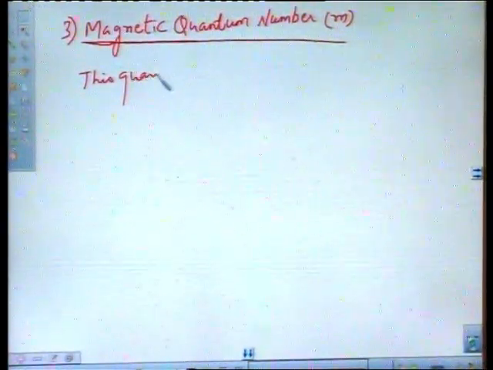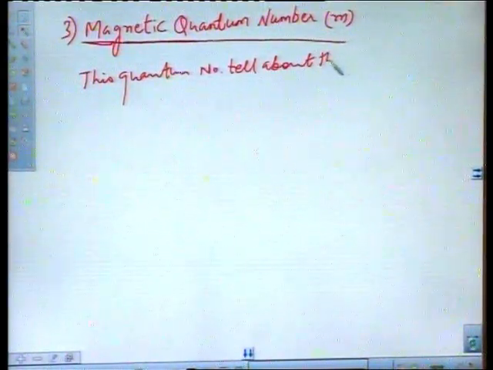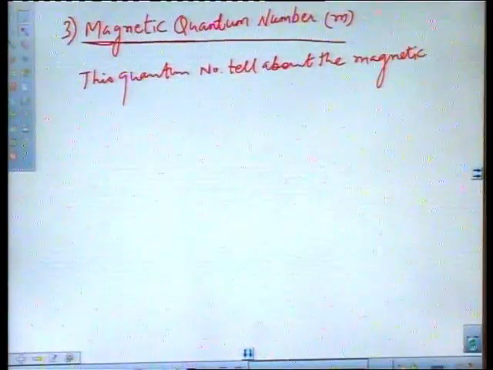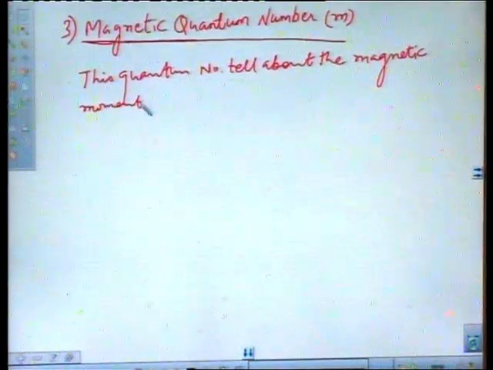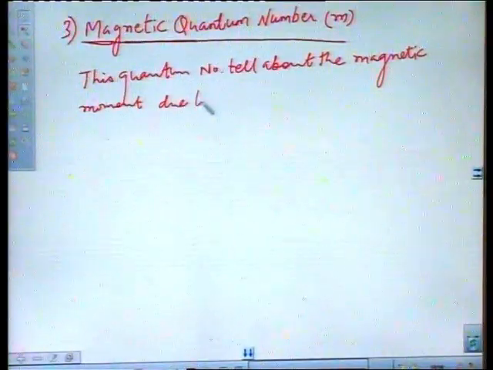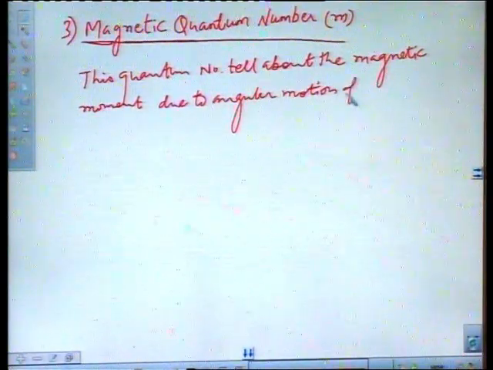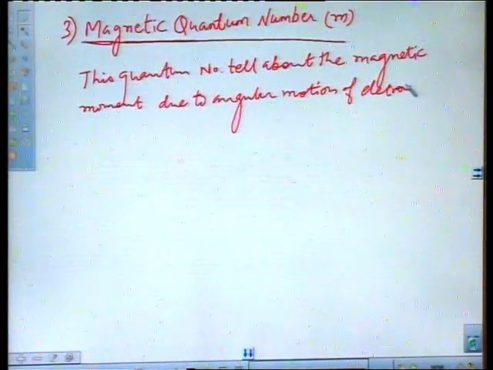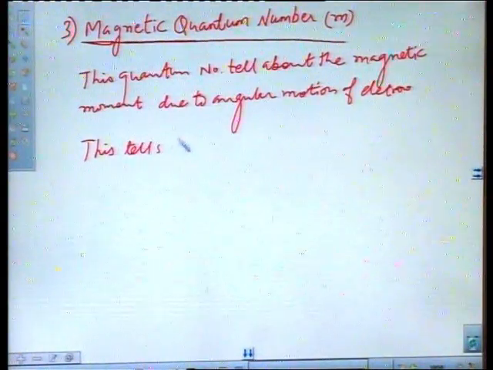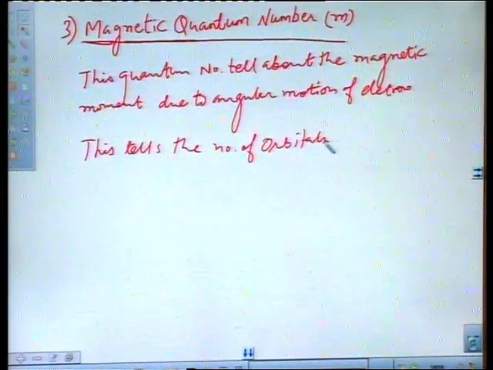This quantum number tells about the magnetic moment of the electron due to its angular motion. So, this tells the number of orbitals.